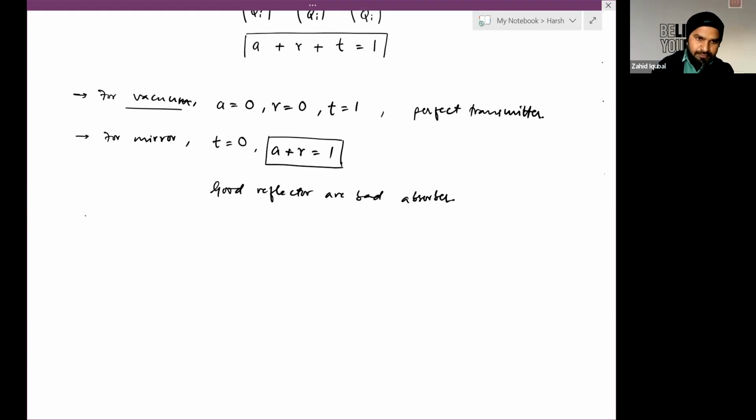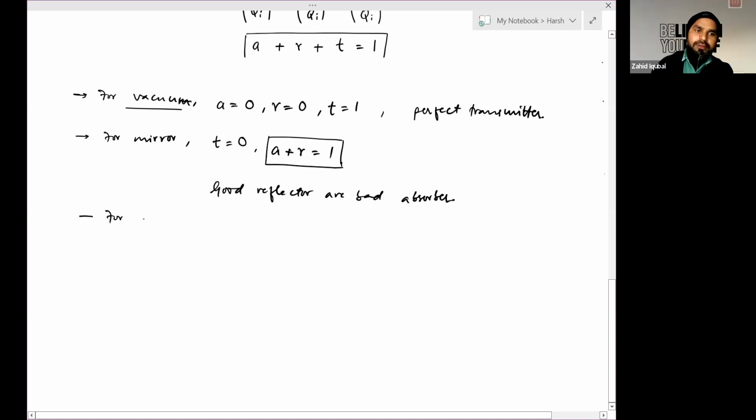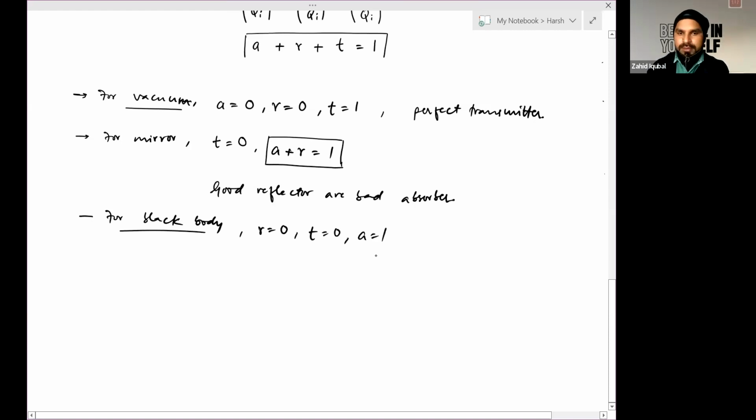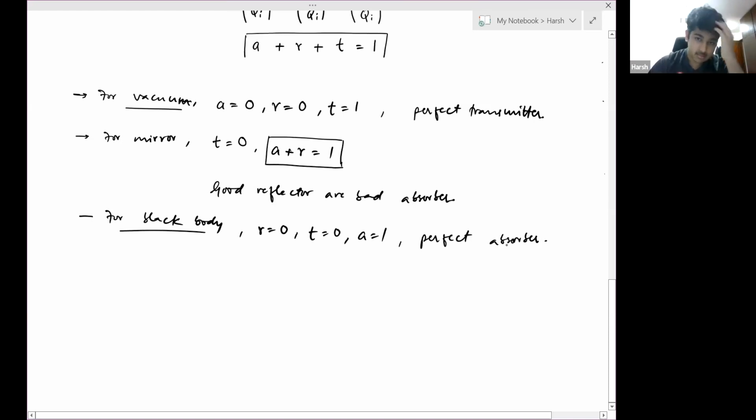Next is the black body. There will be no reflectance and no transmittance, but absorption will be maximum. So we can say this is a perfect absorber. From this, a black body is a body which has the tendency to absorb all radiation falling on it.